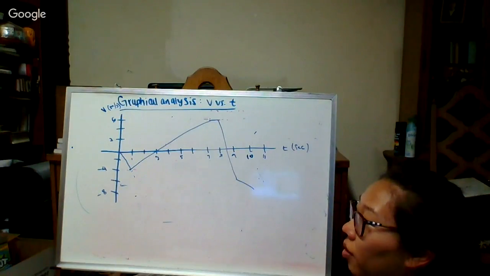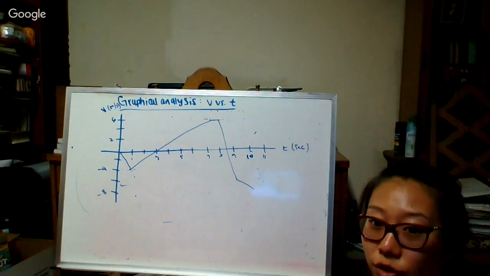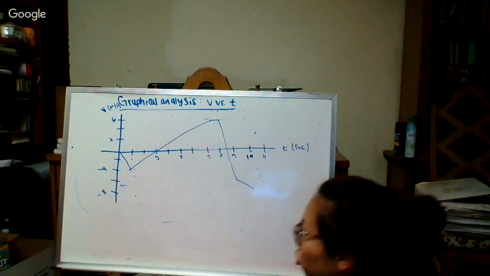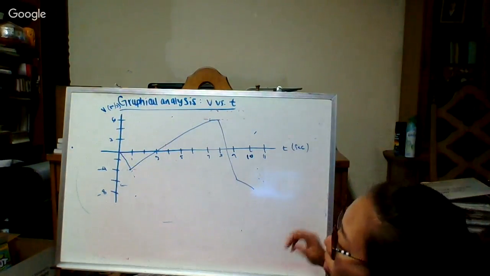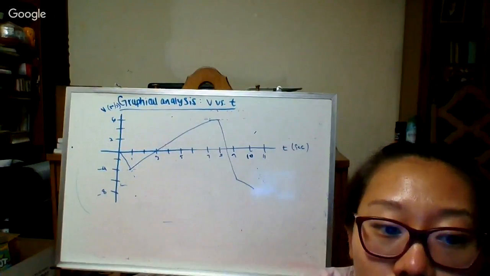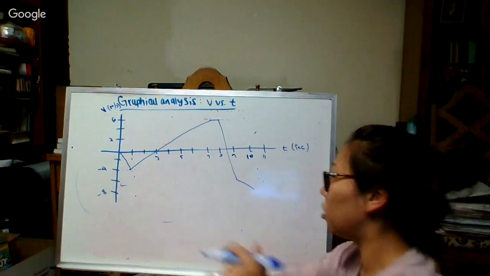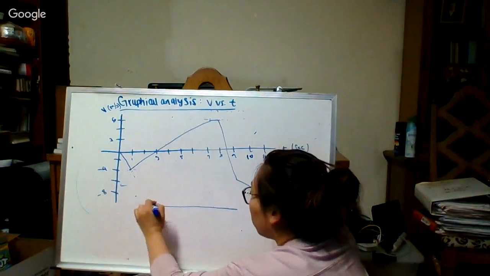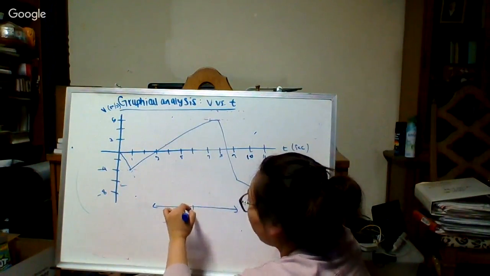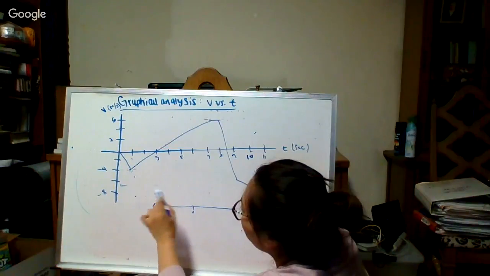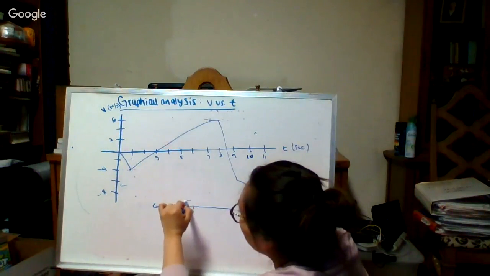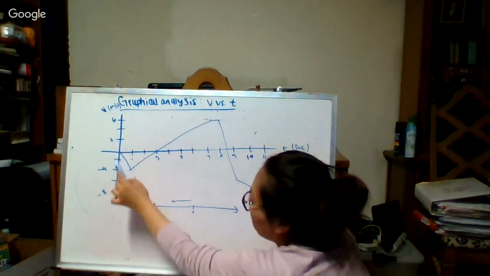So for this one, what is happening to the motion? You know which way it's going based on the negative and the positive signs, because that tells you the direction. So on the motion, you don't know how far it's going, but from 0, say, you're going in a negative direction, because it's -4.